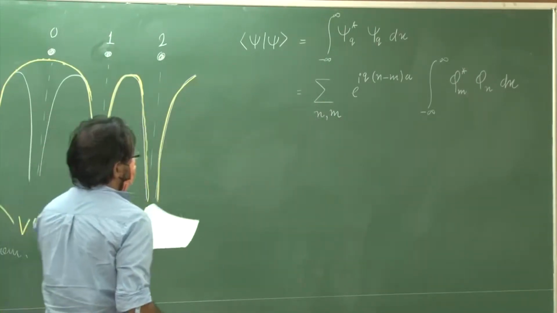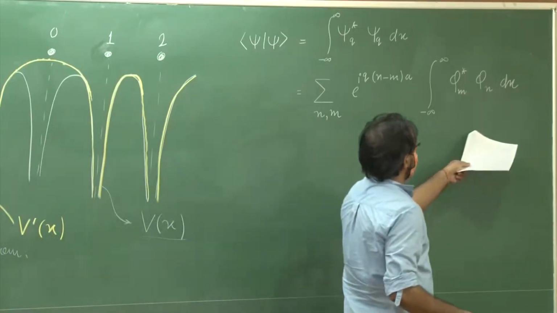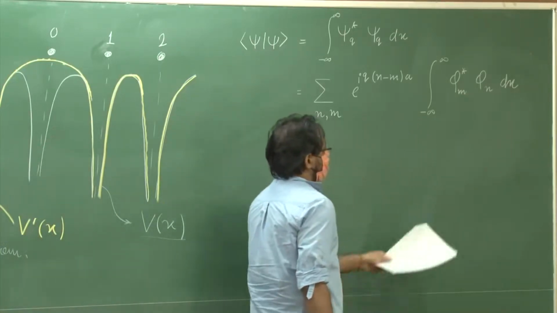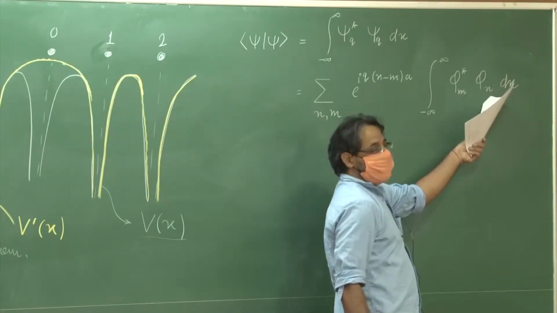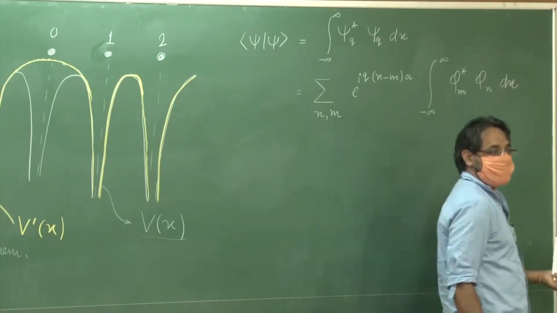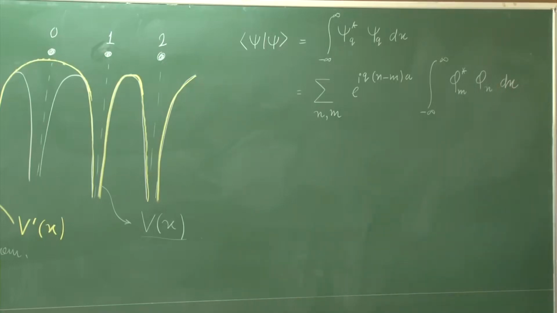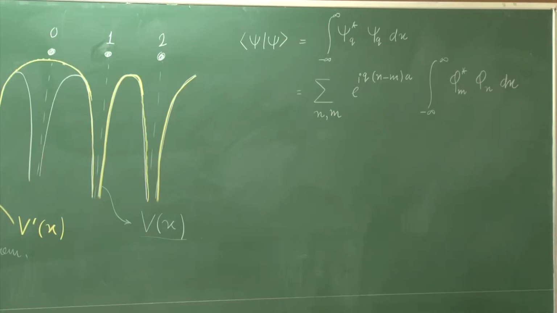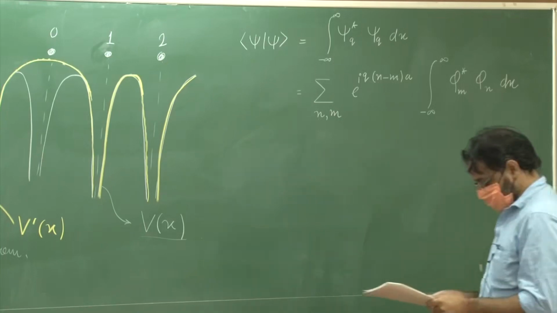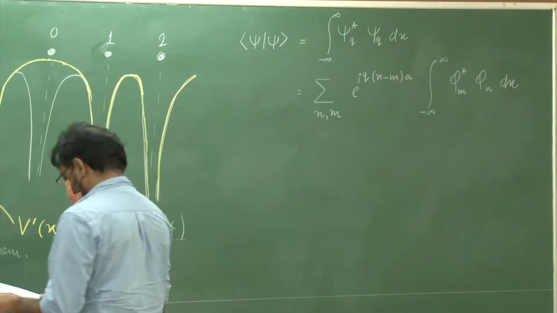Now, what do you think about this integral? Look, when m is equal to n, then this integral is 1. That's the normalization of the atomic orbital. And when n is not equal to m, so you have atomic orbitals at two different sites, right? Then this will be 0 because they are orthonormal.